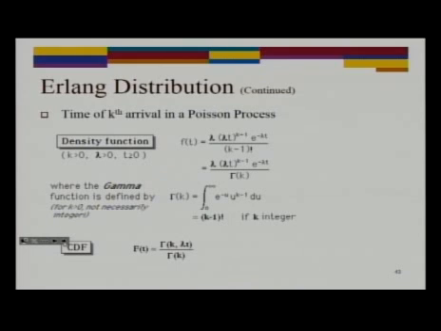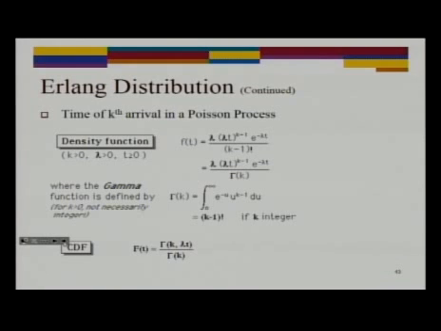So today we are talking about so many different distributions. I hope you guys are not confused about that. In the end, I'm going to summarize, and then I'm going to give you the summary table. So this screen shows the probability density function and the cumulative distribution function of the Erlang distribution. Just to let you know that the Erlang distribution is a special case of the gamma distribution, where the shape parameter k is an integer.